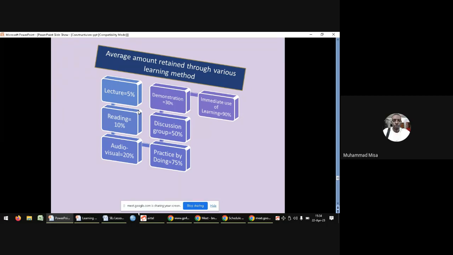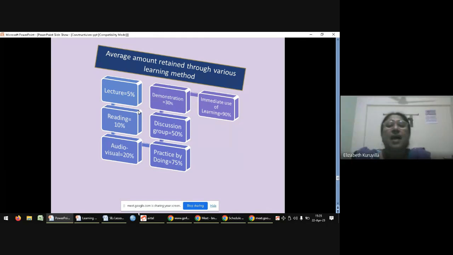Average amount retained through various learning methods. Lecture 5%, reading 10%, audiovisual 20%. Practice by doing 75%, discussion group 50%, demonstration 30%, immediate use of learning 90%.